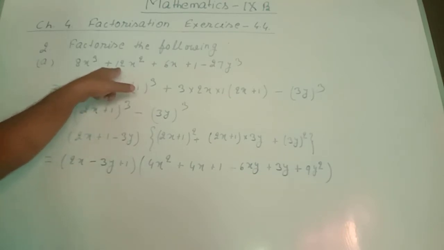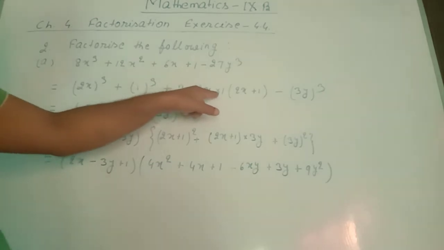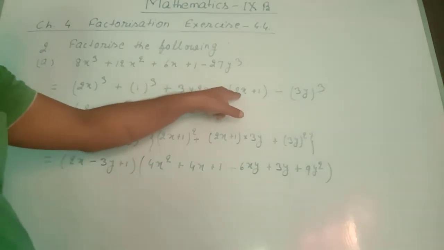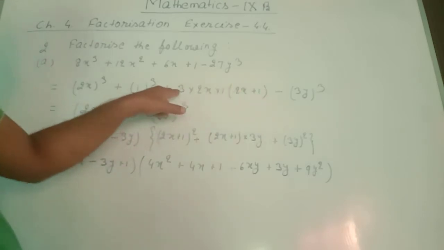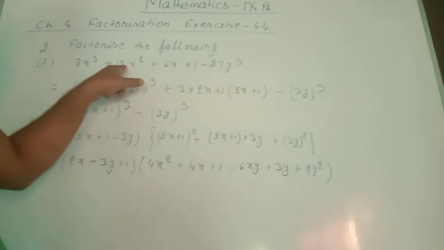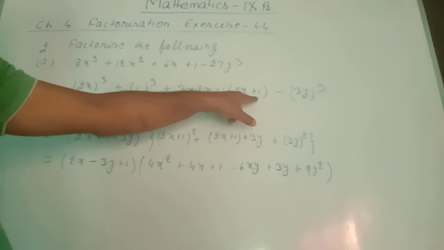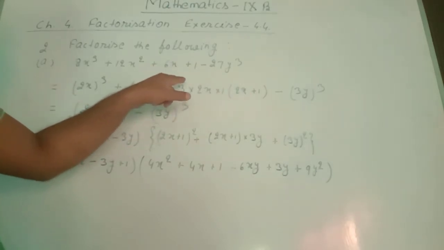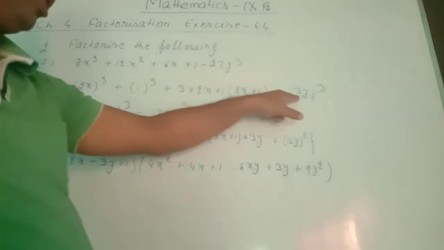These two terms I have written as 3 into 2x into 1 inside the bracket 2x plus 1. If you multiply 3 into 2x, 6x, into 2x, it is 12x square, plus 6x into 1, 6x, and plus 1 is written already as 1 cube.